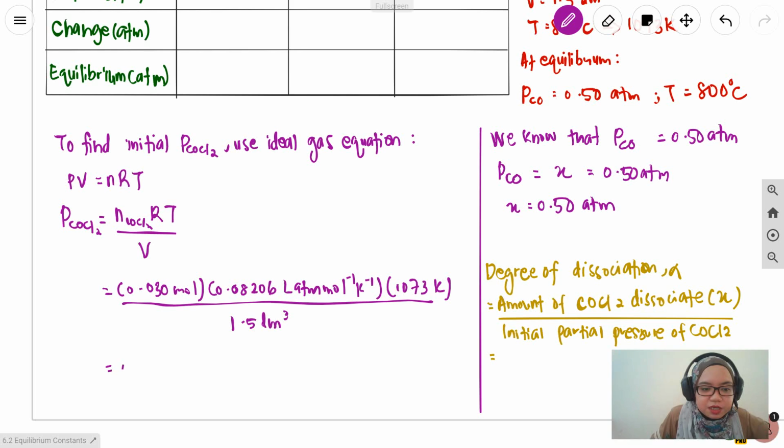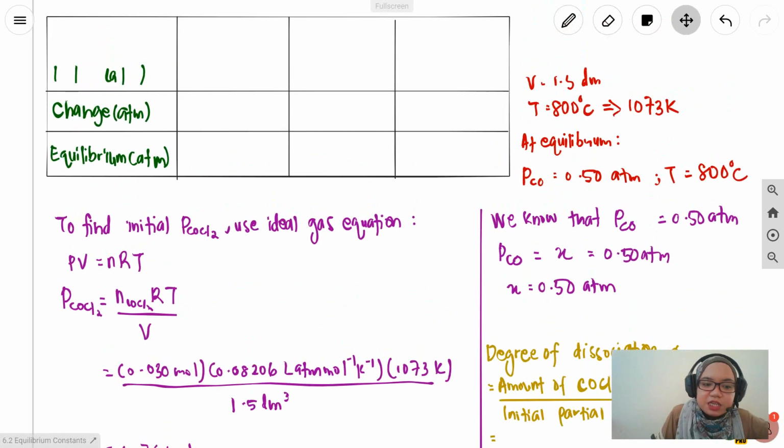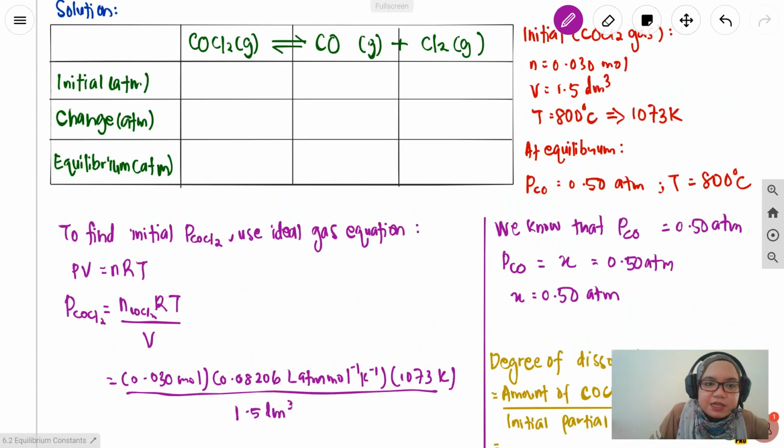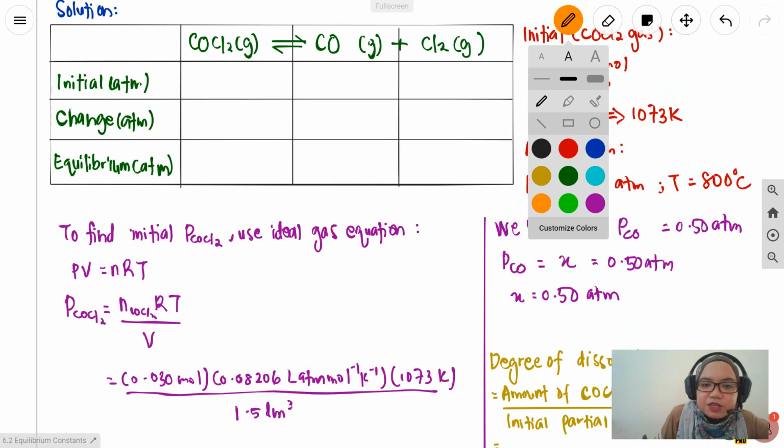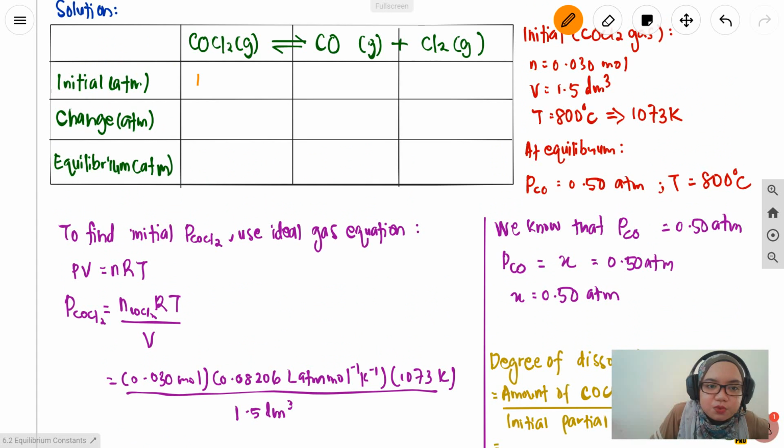The partial pressure is 1.761 atm. Okay, so you have the partial pressure here, the initial partial pressure here, isi table kat sini. The initial partial pressure of COCl2 is 1.761 atm, and this one is 0, 0, haven't produced yet.